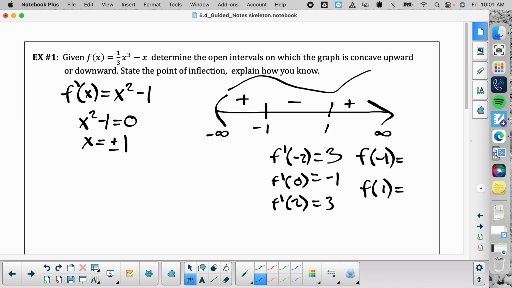I don't know what 1/3 minus 1 is. Oh, wait, negative 2/3? Negative 2/3. And we won't have to label the points or anything. This was also negative 2/3. Oh wait, this can't be right. This should be positive 2/3, I think, or negative, wait, hold on. Oh, I'm looking at the derivative. No, this is cubic, negative 1 cubed is negative 1, so that's negative 1/3.